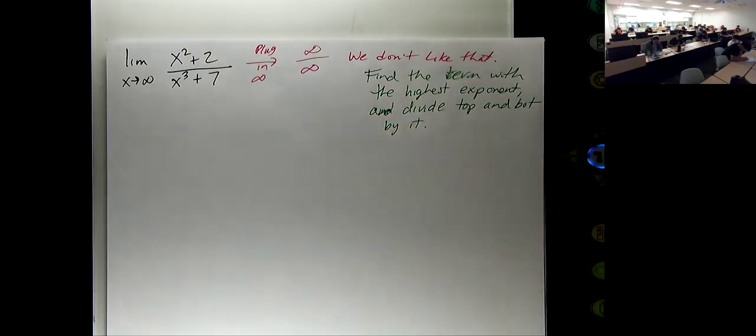Since x is going to infinity, x is definitely not zero, so we can divide by it, and it doesn't change the value. Does that make sense?